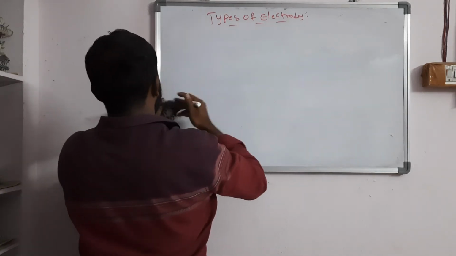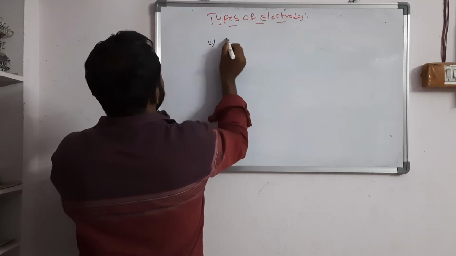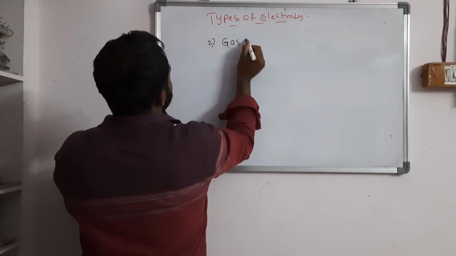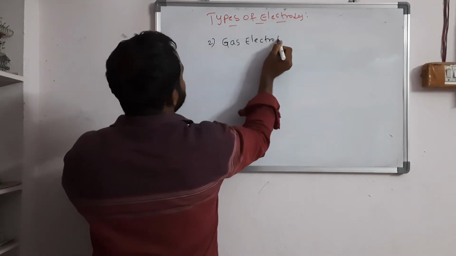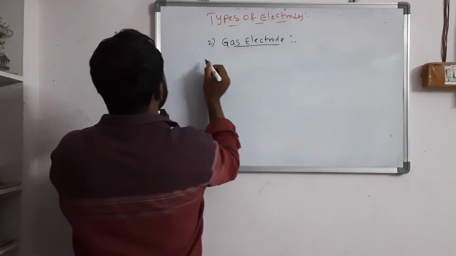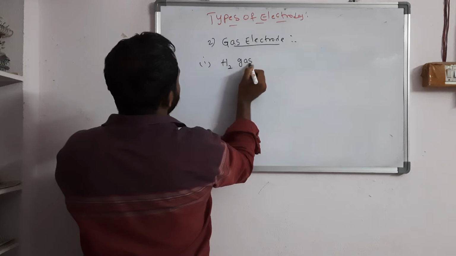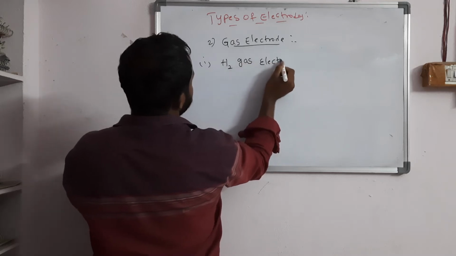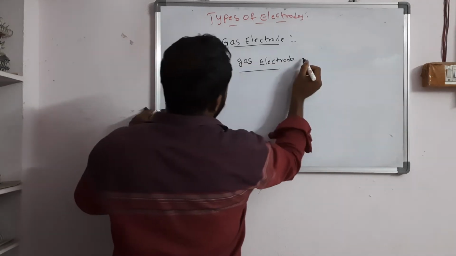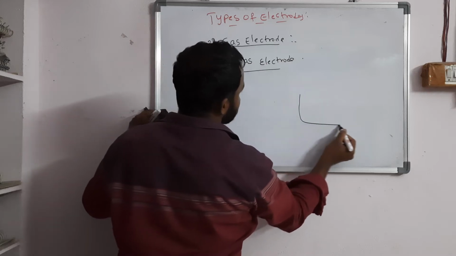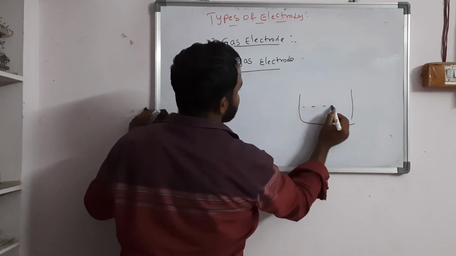The next heading is the gas electrode. First in the gas electrode we are going to discuss the hydrogen gas electrode. There is a small diagram. You should write that this is a beaker containing H plus ions.